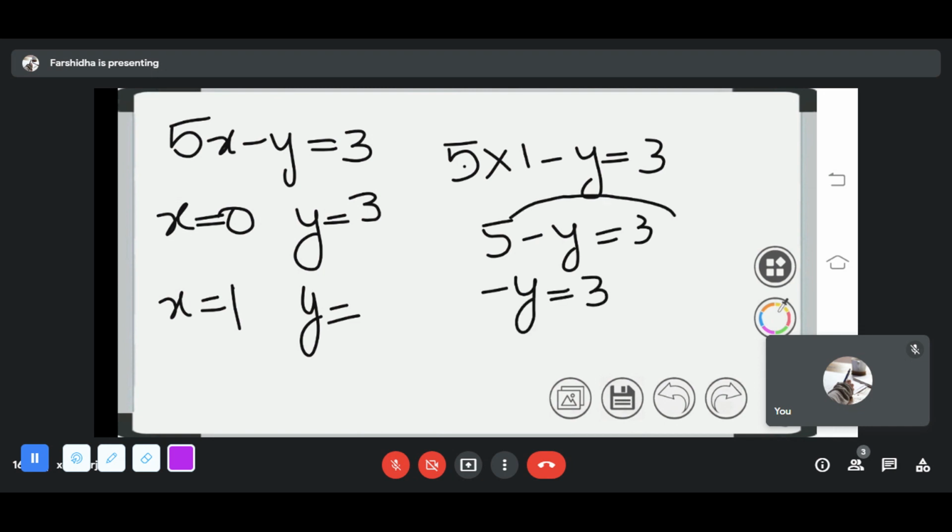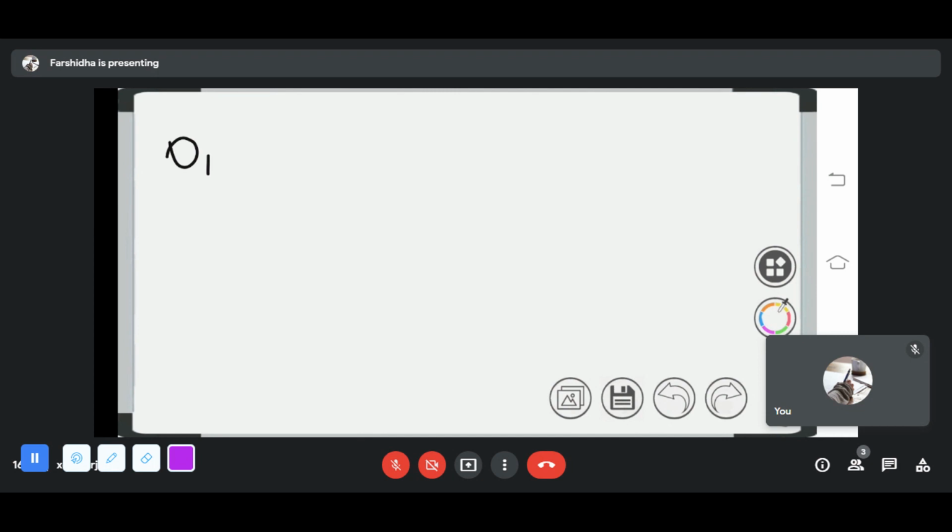I'm taking this 5 to this side, so positive 5 will become minus 5. So minus y is equal to 3 minus 5, which is minus 2. Negative, negative got cancelled, so y is equal to 2. Now we got 2 points: 0, 3 and 1, 2.